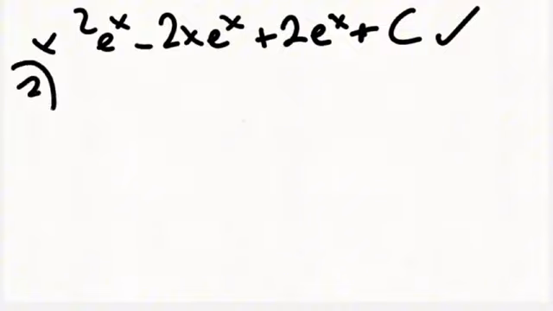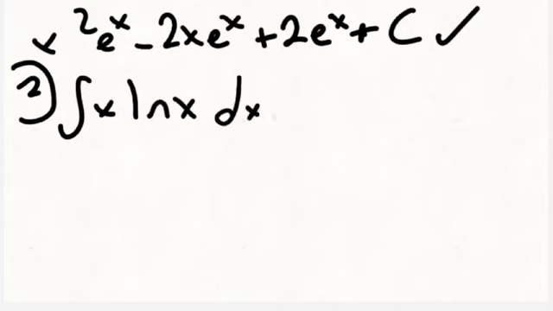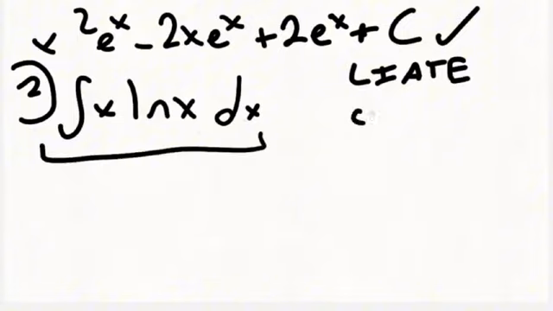So our next question is going to be the integral of x natural log of x dx. And we're going to be applying LIATE again, where it's logs, inverses, algebraic, trigonometry, and exponents. Now, we do this for choosing u.